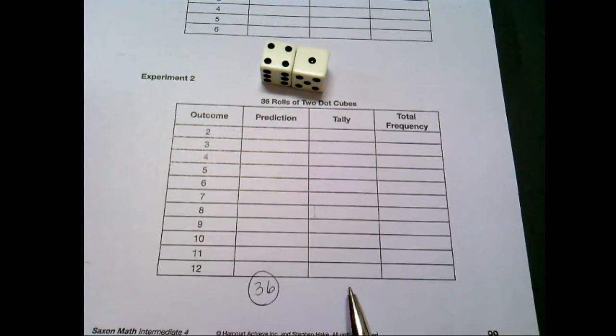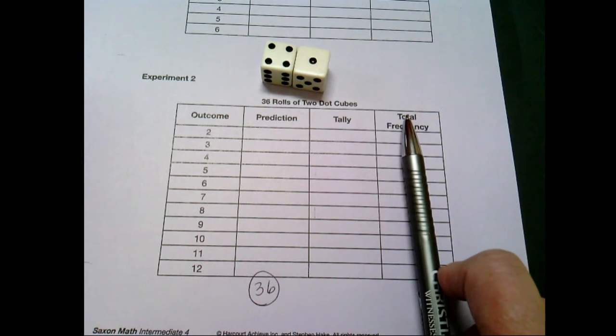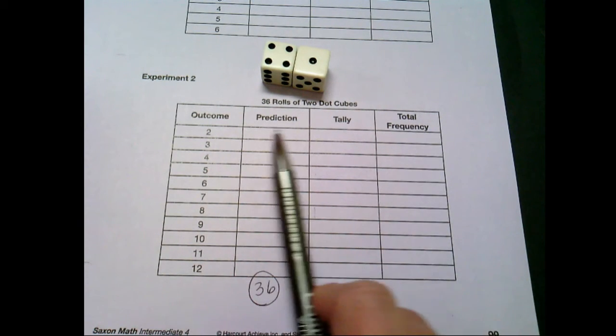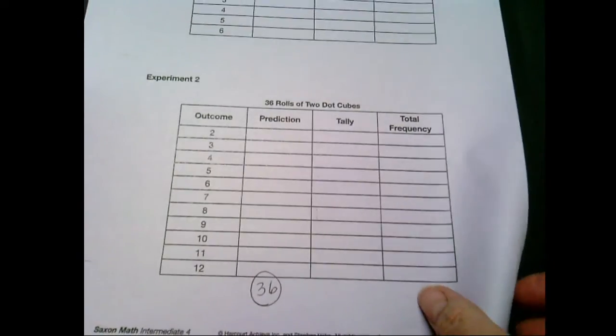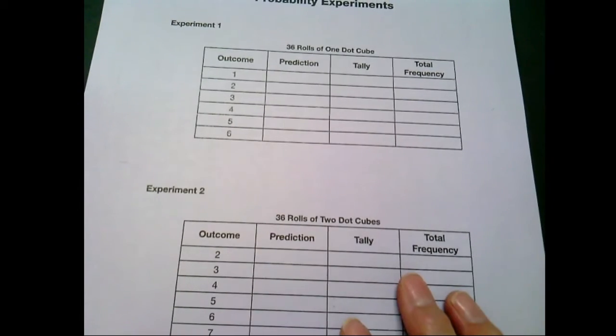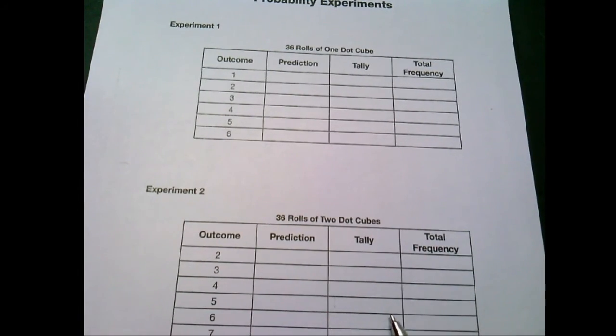Make sure you have that many, and then look at what was your total frequency. How did it compare to your actual predictions? And then answer the questions that you have in your book as well. And then for this one, I need a picture of this page. So send me a picture of the lesson activity.